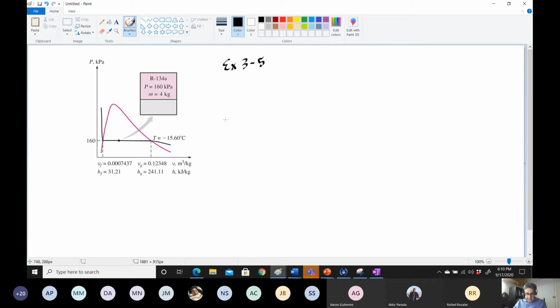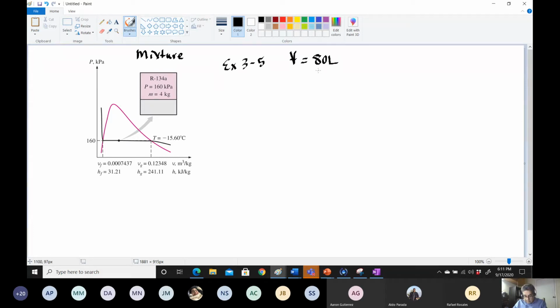So let's go ahead and read the next problem here. It says properties of a saturated liquid-vapor mixture. So now this is a mixture problem, AKA we're going to use the quality index, which is x, right? It says an 80 liter vessel. So we were given that the total volume is equal to 80 liters.